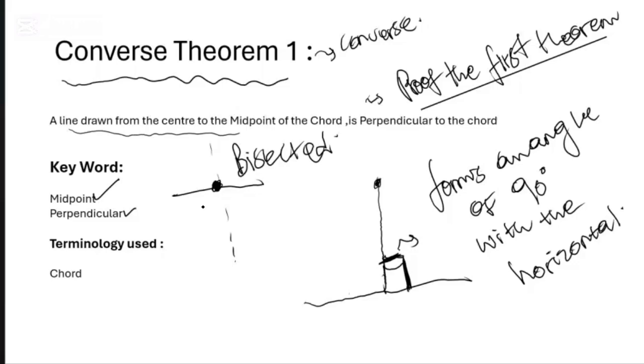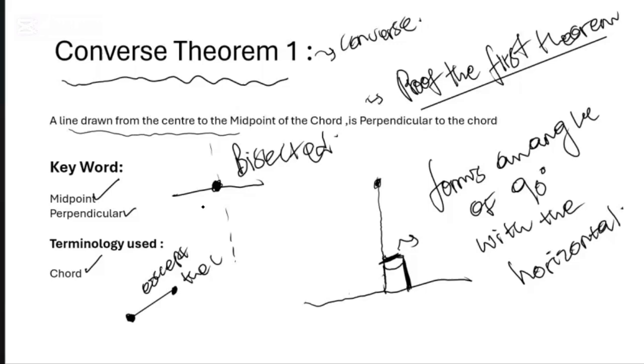The terminology that is used here is still a chord. Remember, a chord is a line drawn from the circumference of the circle to another point on the circumference, passing anywhere except what? Except the center. Perfect.